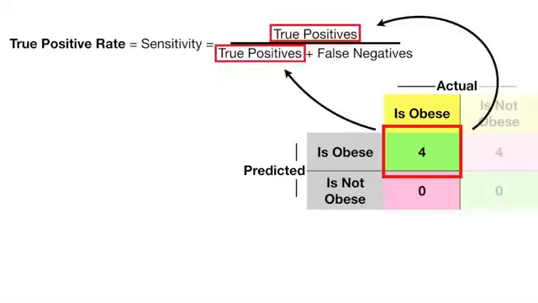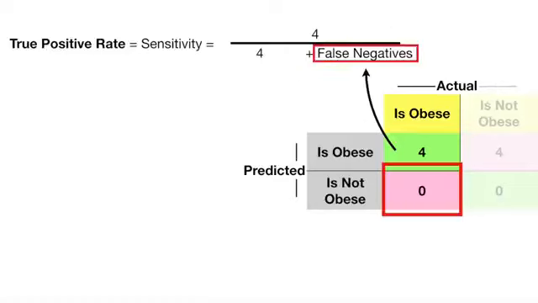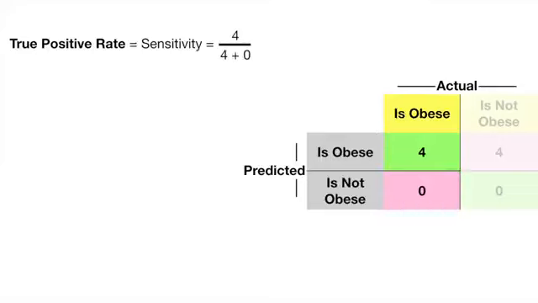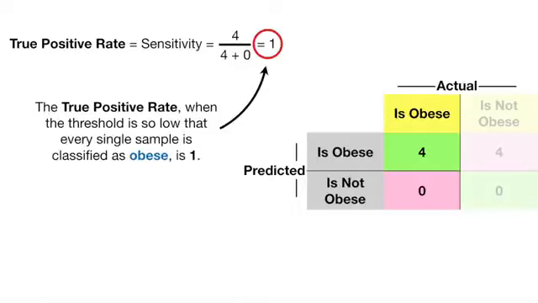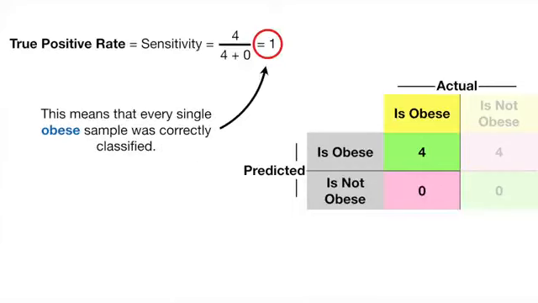There are 4 true positives, and there were 0 false negatives. Doing the math gives us 1. The true positive rate, when the threshold is so low that every single sample is classified as obese, is 1. This means that every single obese sample was correctly classified.